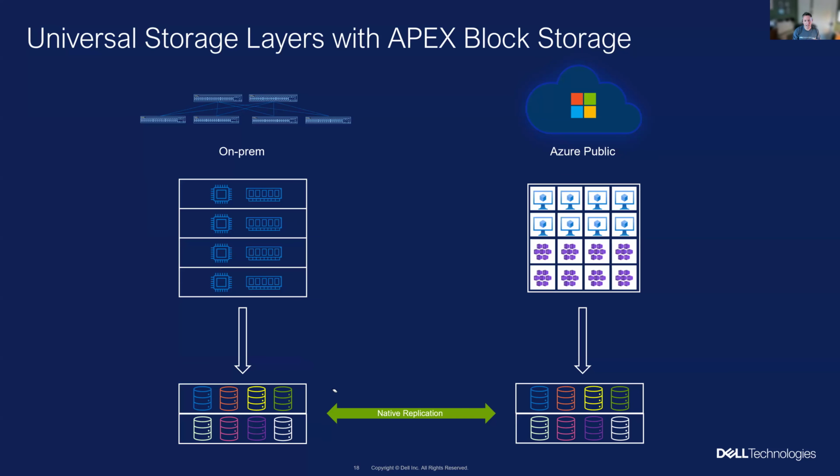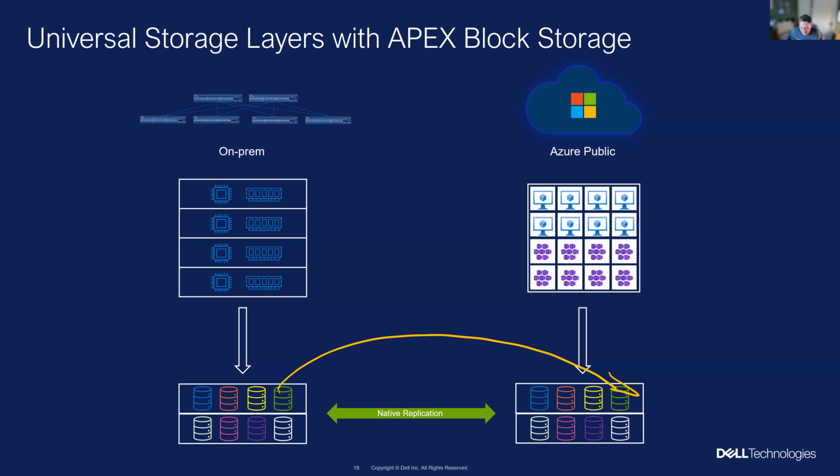Now, PowerFlex has native replication, whether you're natively replicating between two data centers or into a hyperscaler. Using the Azure Marketplace, you can deploy the PowerFlex storage. We call it APEX Block Storage, and you can have native replication to the hyperscaler.